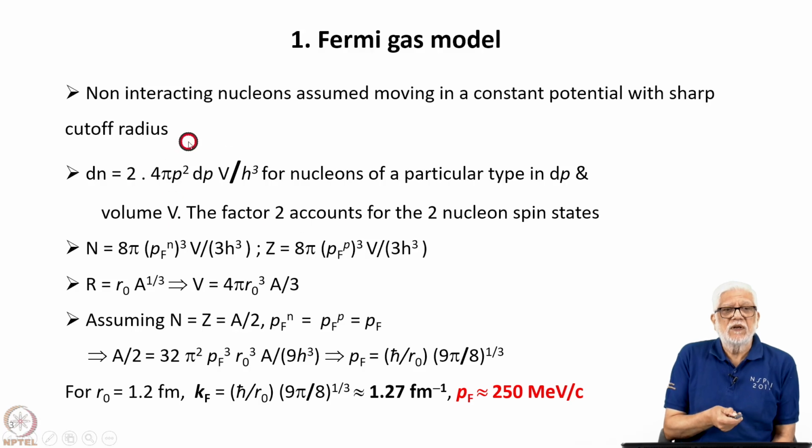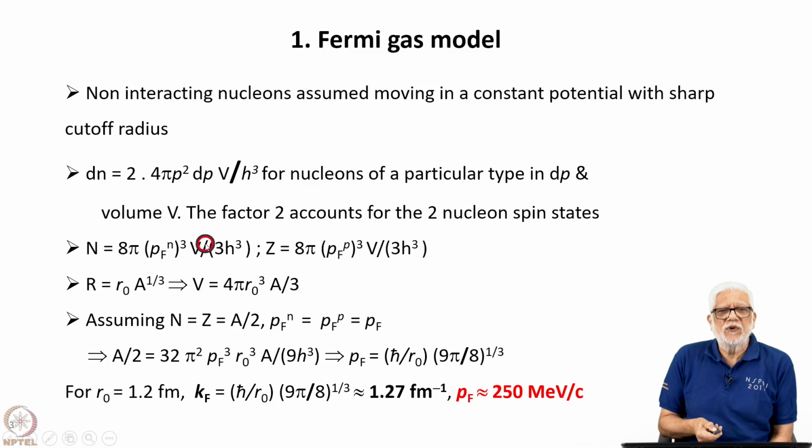So this number, starting from the number density, depends on 4 pi p squared dp times the volume, where V is the volume of the spherical confining volume. Then this number comes out to be some factor times p_F cubed times the volume.